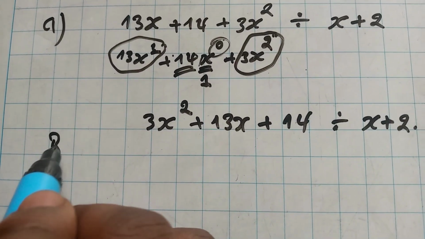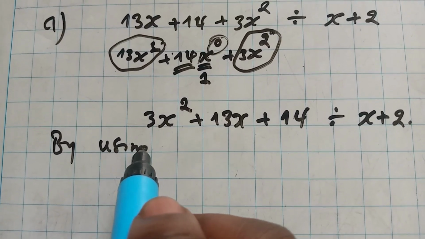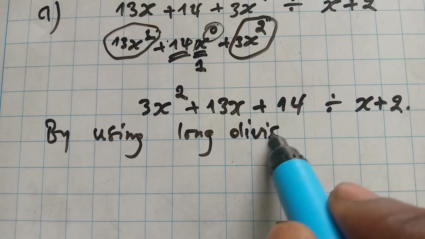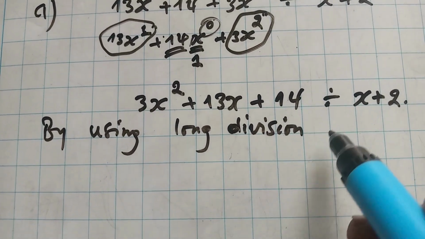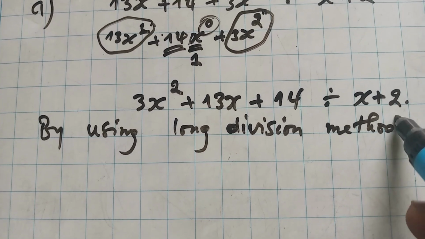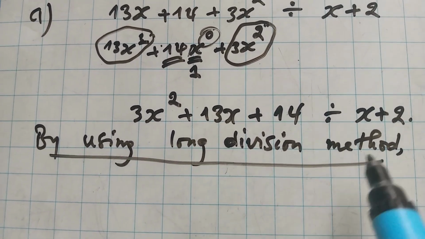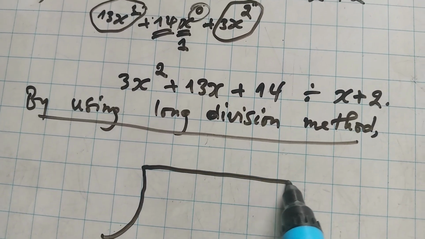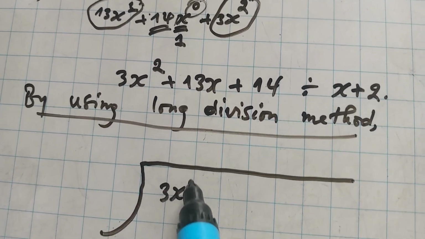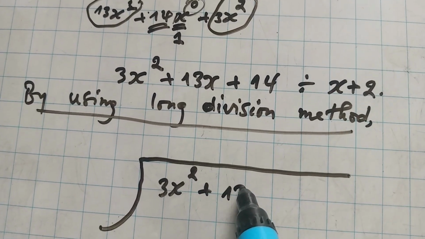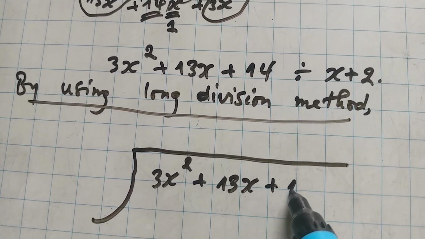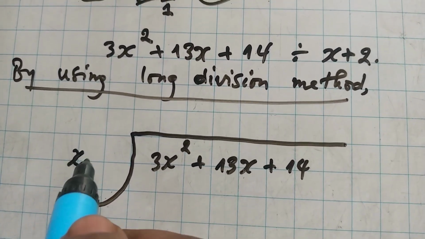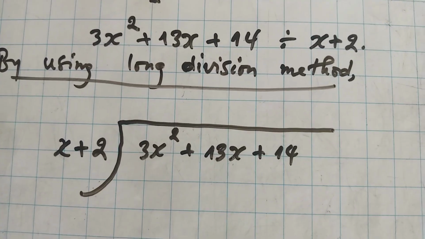By using the long division method, we have to divide this 3x squared plus 13x plus 14. Then we divide by x plus 2, right?